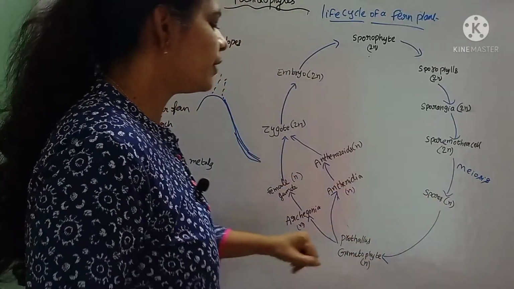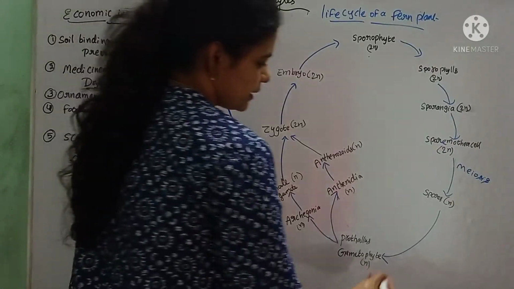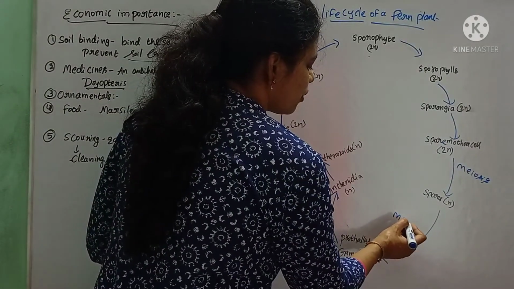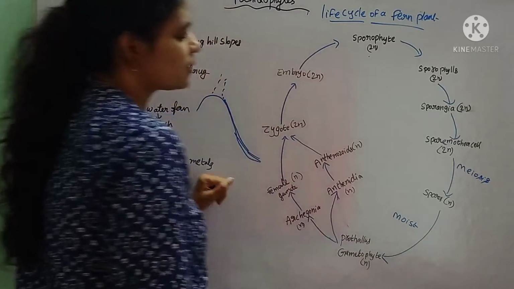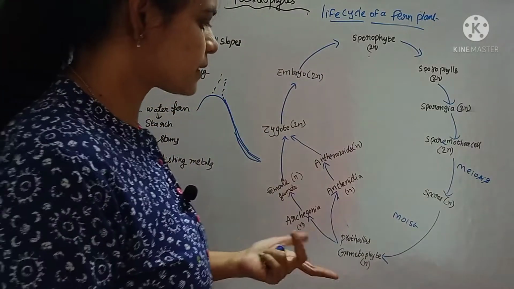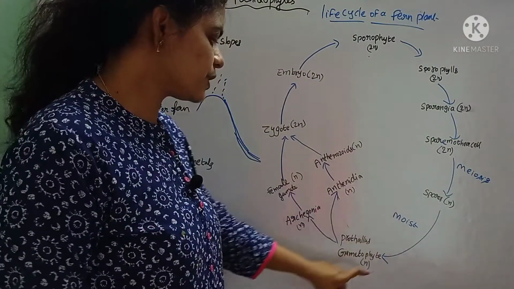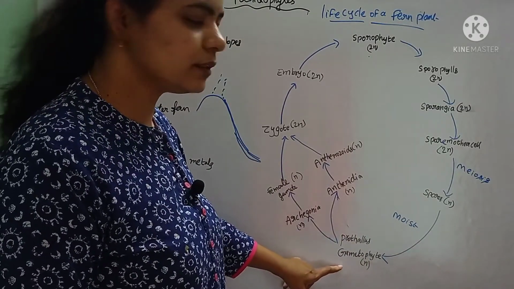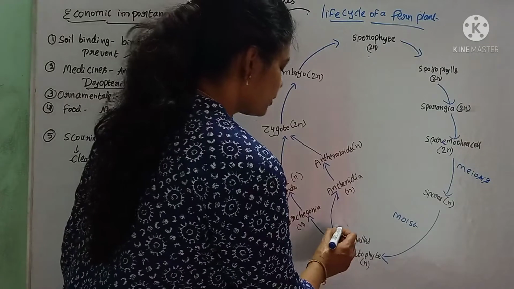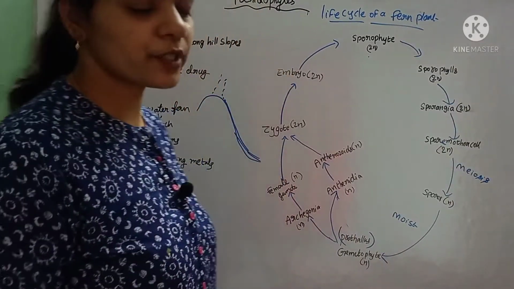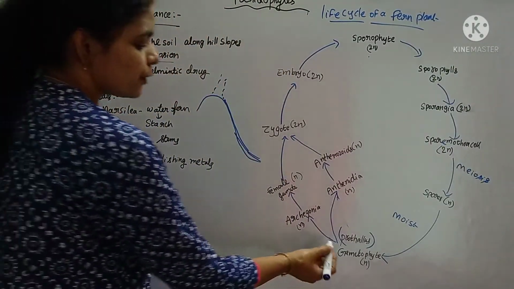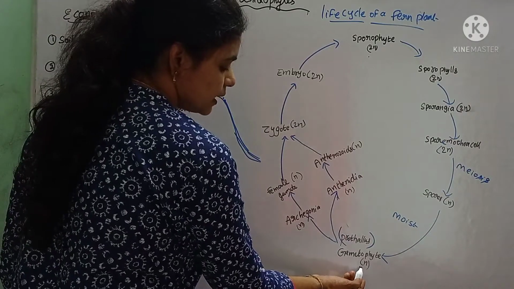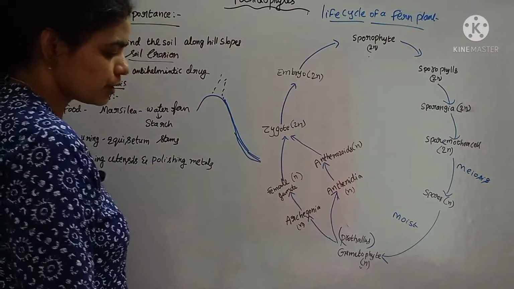These spores, when they are disseminated, fall on a moist, damp habitat. The spores will germinate into a gametophyte. The gametophyte of the pteridophyte is called prothallus, which is a heart-shaped structure. So now this prothallus or gametophyte is in which stage? In haploid condition only.